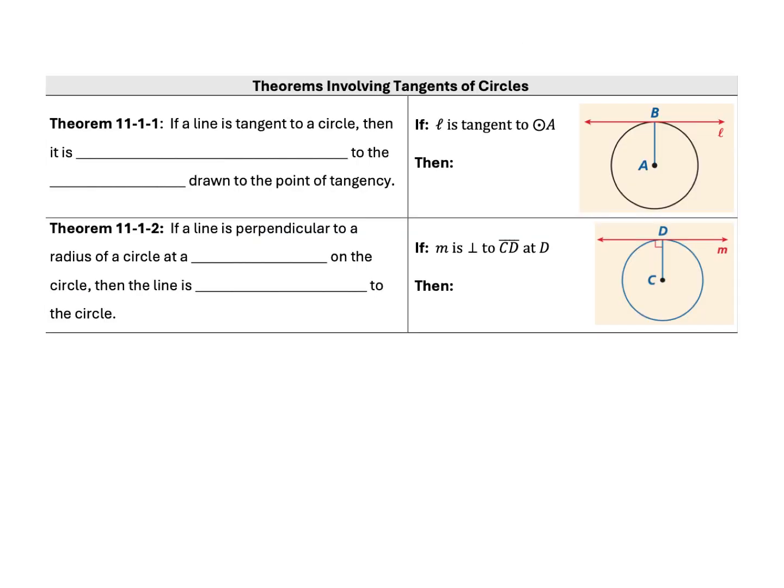Here are a few theorems related to tangents of circles. If a line is tangent to a circle, then it is perpendicular to the radius drawn to the point of tangency.